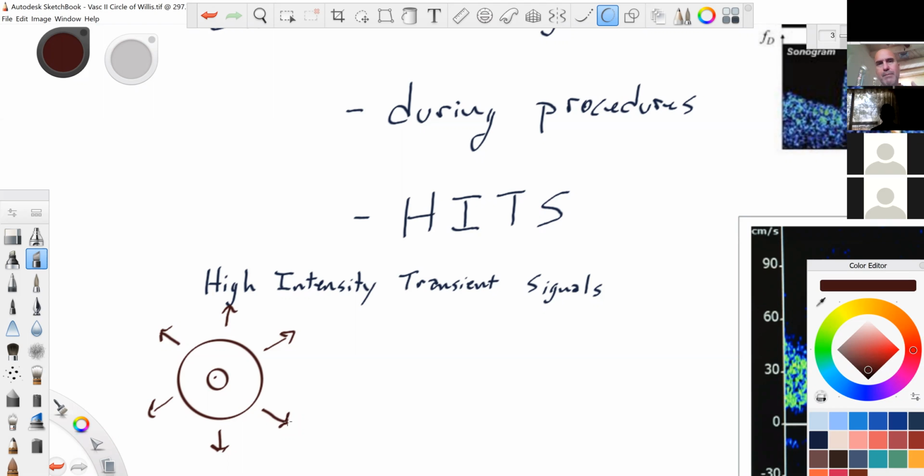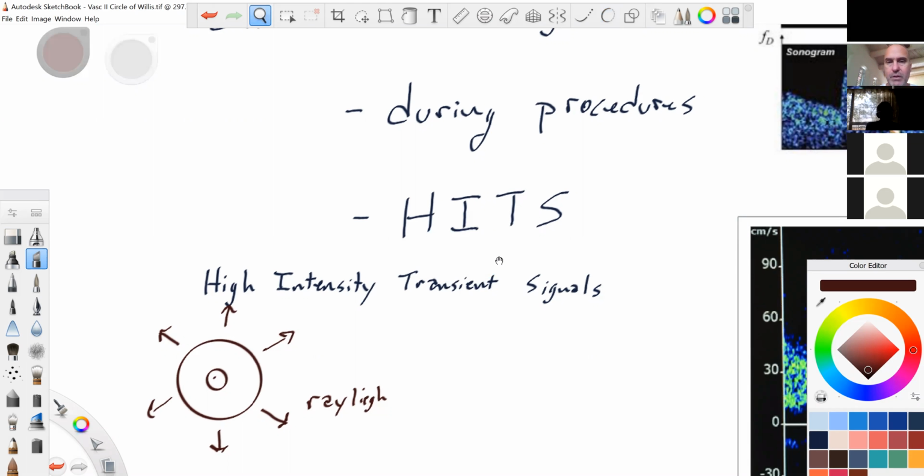If the red blood cells are clumping together, you might see a little bit. And that's okay, by the way. This is, remember, Rayleigh, R-A-Y-L-E-I-G-H. Rayleigh scattering is very weak scattering, which is why we have to use Doppler in order to see blood.